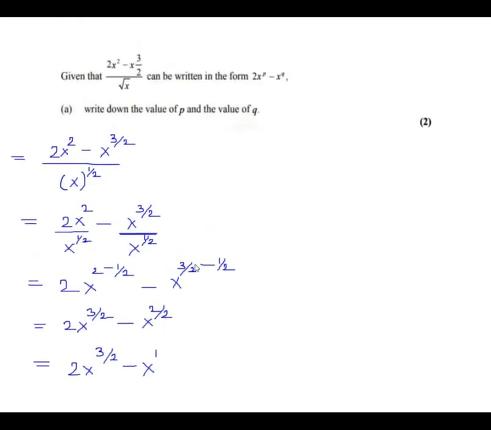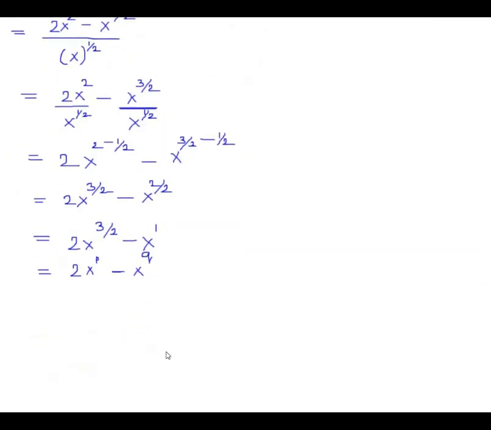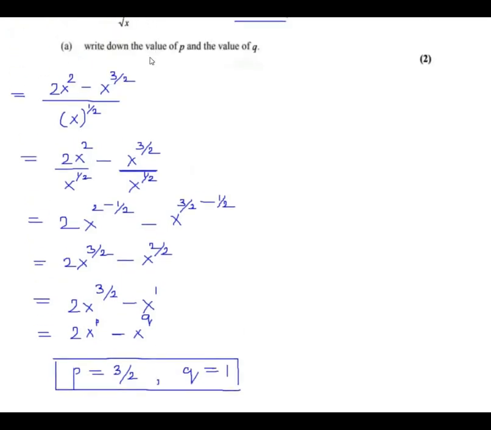Now let us compare the answer we have got to the form they have asked us to write. It is 2x to the power of p minus x to the power of q. So comparing the powers here, p is equal to 3 over 2 and q is equal to 1. So we have got the values of the powers asked. We have got the value of p and q.